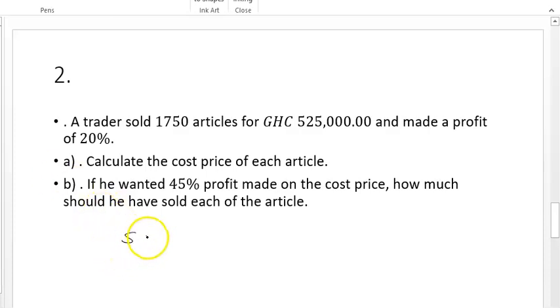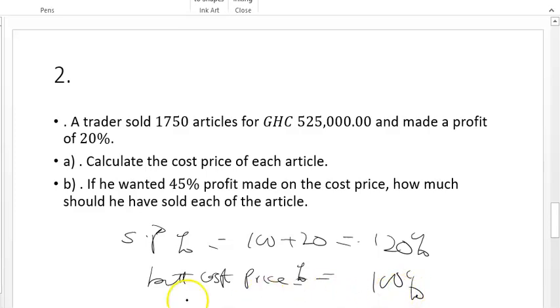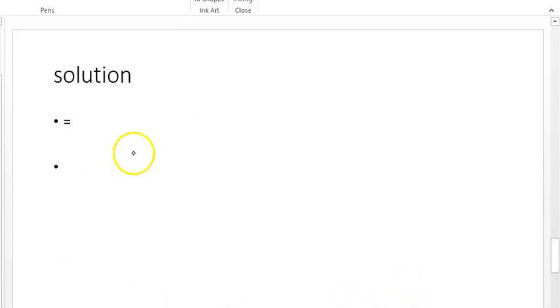So we know that the selling price percentage will now equal 100 plus the 20%. That gives us 120%. But always the cost price percentage is equal to 100%.